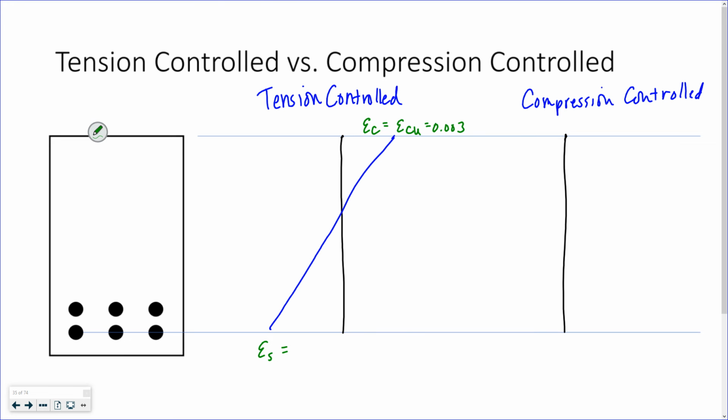I want to make sure that it has yielded. So I've got EY plus, I'm going to add on 0.003.